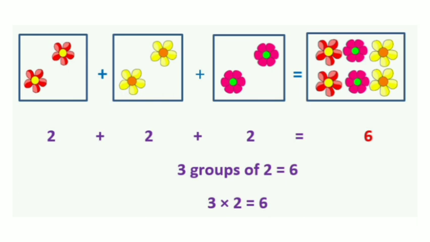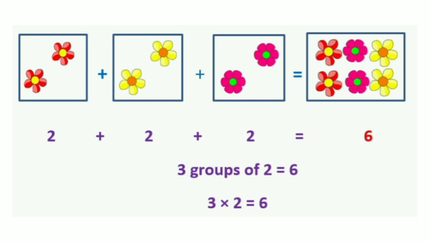Here you can see, children, that flowers are kept in groups. In the first box there are 2 orange flowers, in the second box there are 2 yellow flowers, and in the third box we have 2 pink flowers. All the flowers are added together to show 6 flowers, and then it is written 2 plus 2 plus 2 is equal to 6.